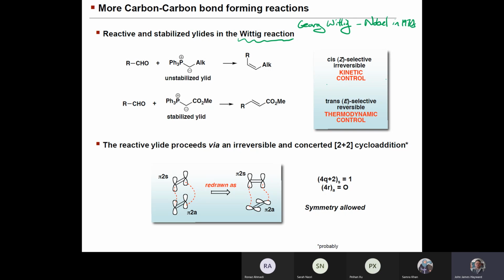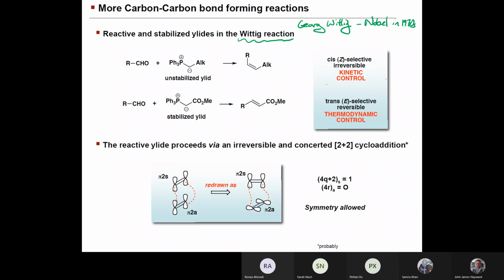He actually shared the Nobel Prize with Herbert Brown, H.C. Brown, and H.C. Brown is responsible for a lot of the boron chemistry that people do these days, and Wittig did, of course, the Wittig reaction, but essentially they both got it for doing heteroatom chemistry. Wittig for carbon-phosphorus chemistry, and Brown got it for carbon-boron chemistry.